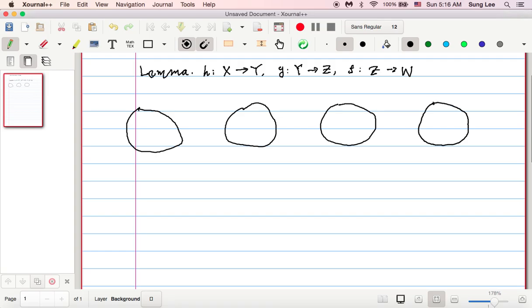So let's call this X, this one Y, Z, and W. And we have h here, we have g here, and we have f here.